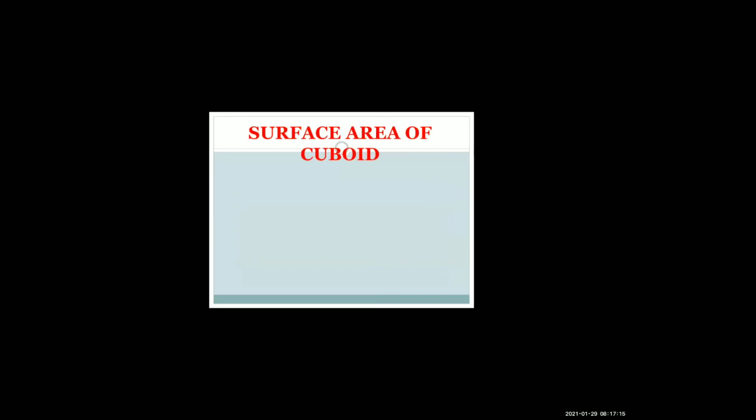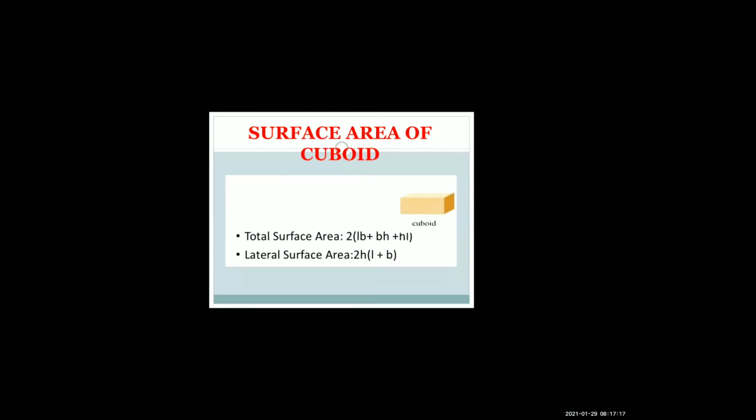Surface area of a cuboid, it's pretty simple. 2 times length into breadth. At the base, length into breadth. At the top, length into breadth. Then the frontal side is length into height. On the back side, it is length into height. And the right-hand side and left-hand side are breadth into height and breadth into height. So 2 into LB plus 2 into BH plus 2 into HL.